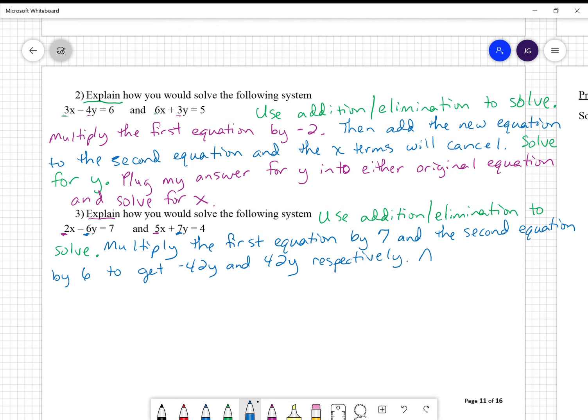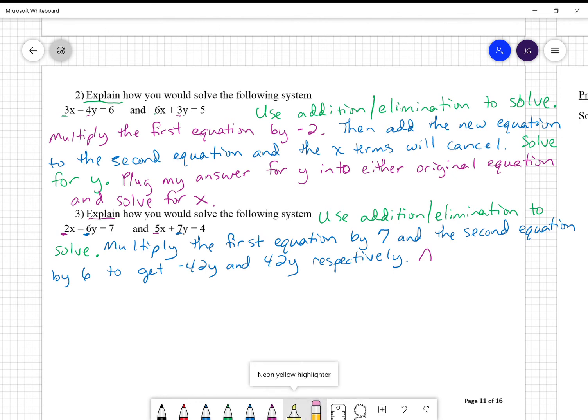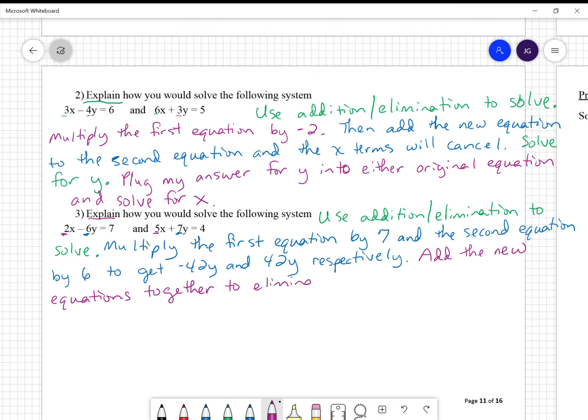I'm going to add the new equations together to eliminate the y terms. Then I'm going to solve for x.